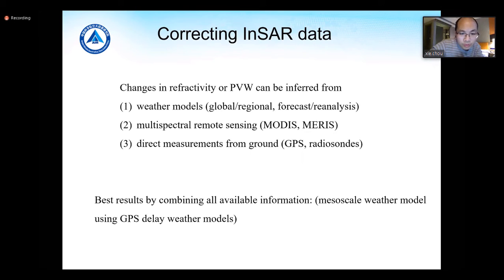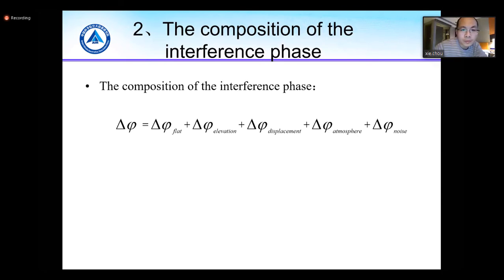As a result, we can combine all the available information to correct the atmospheric phase.